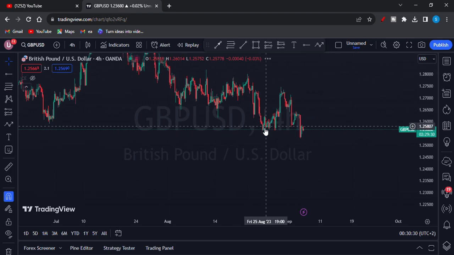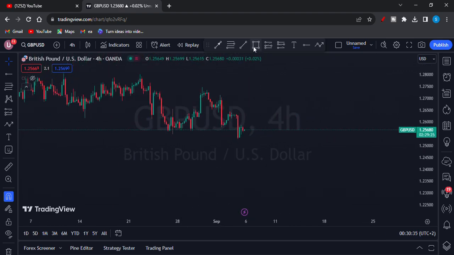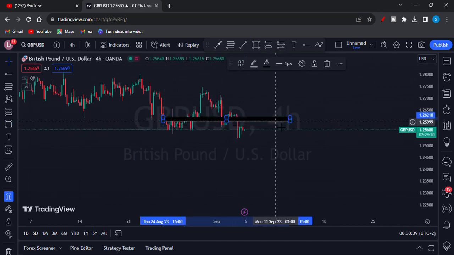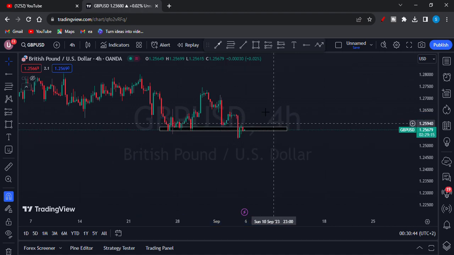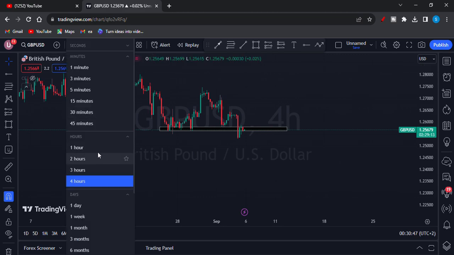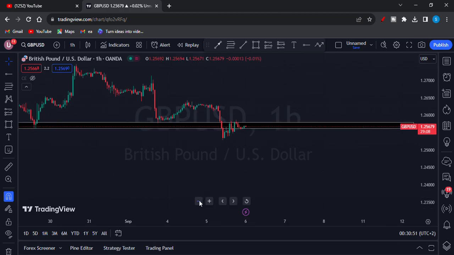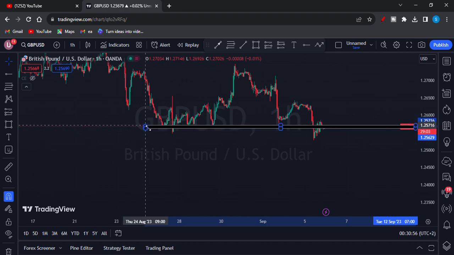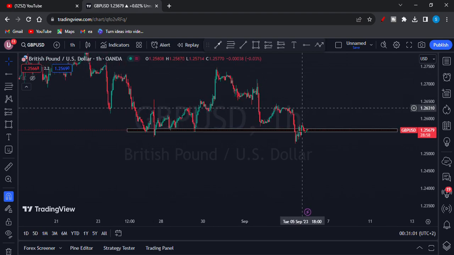Okay, I'll use these zones right around here. I don't want to go any further. We have this area right there. Then let's go to hourly. Okay, let me just adjust this. So this is being the support area.